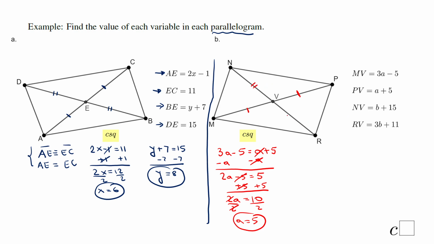And the same for the last part where we have NV. It's congruent to RV. So we have b plus 15 equals 3b plus 11. Many ways to solve it. I like to subtract b here to get rid of this b. And I have here 15 equals 2b plus 11, minus 11.